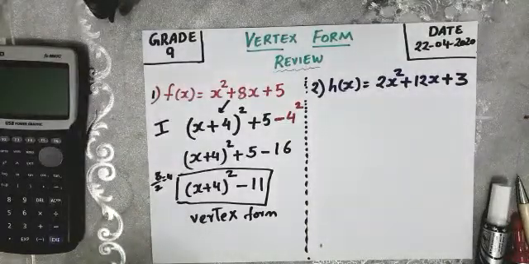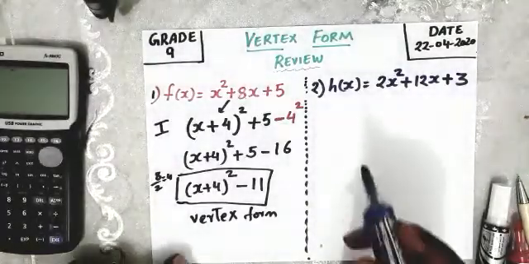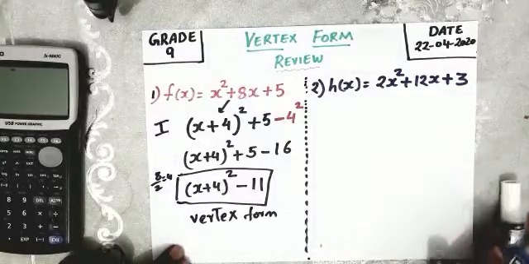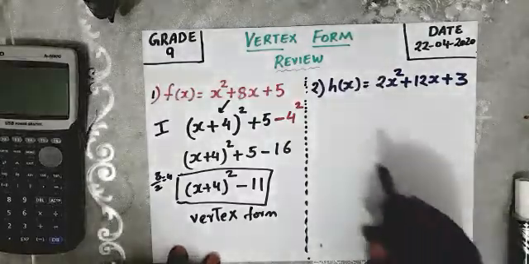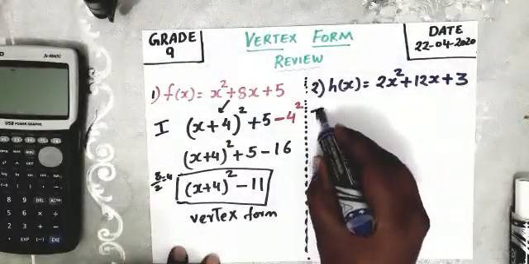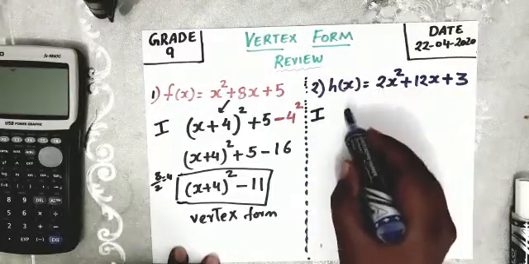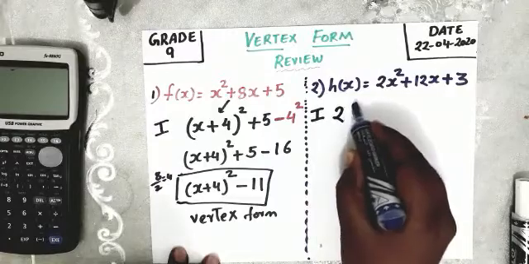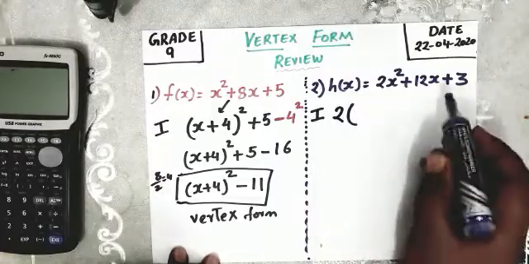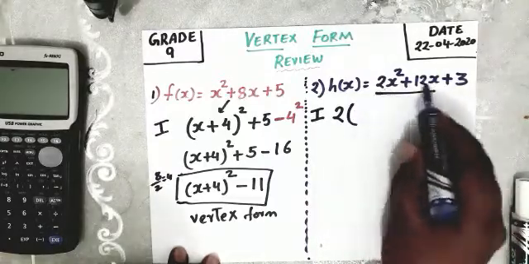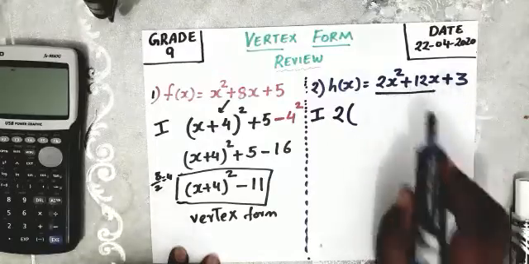Now let's go to the second part of it. If there is a coefficient, then what will be our approach? In our very first step, first of all, I want to remove this constant as a common factor. I remove the 2, okay, and I'm going to take the common factor only in terms of x values.